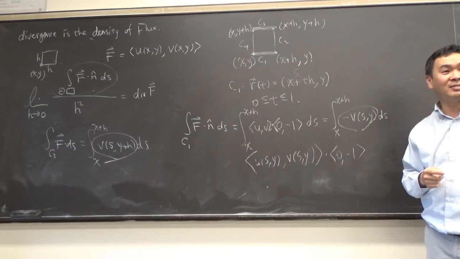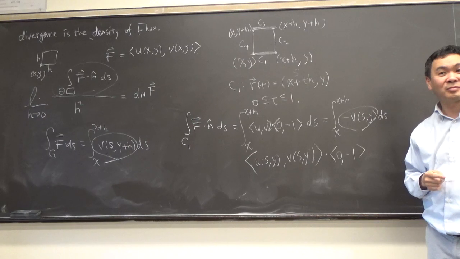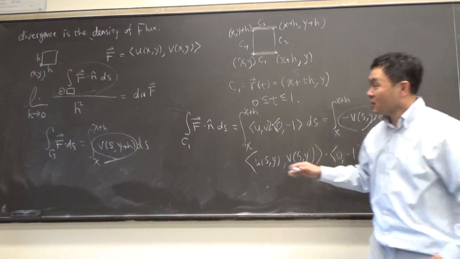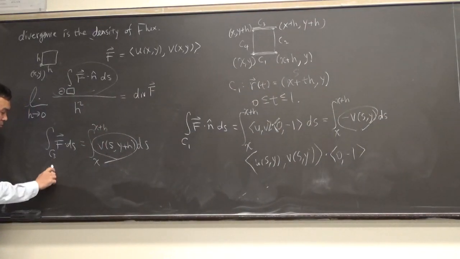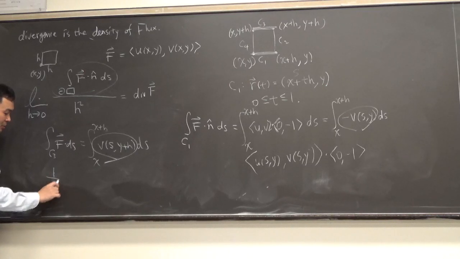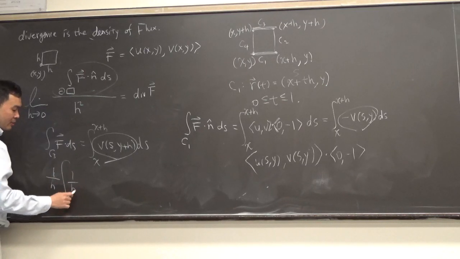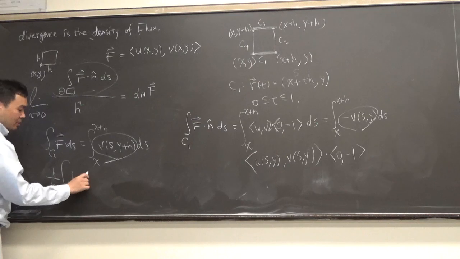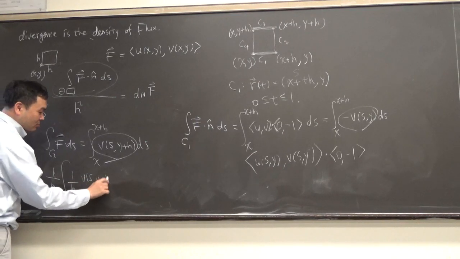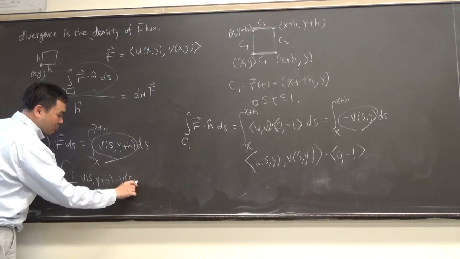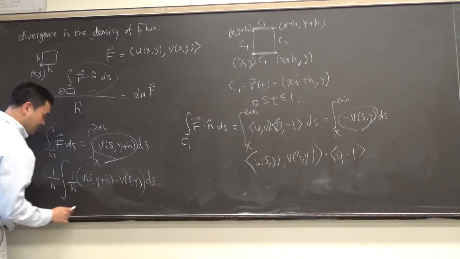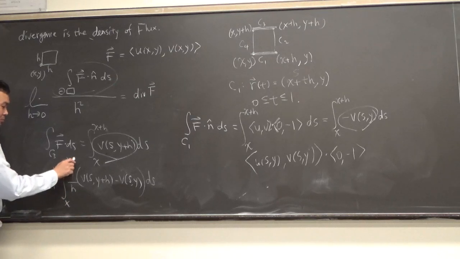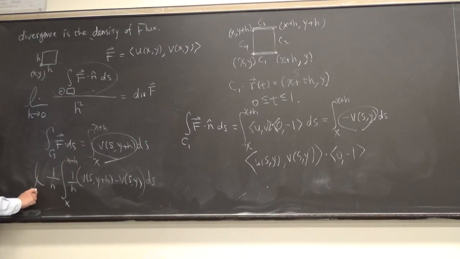So you have h squared, right? So in here you're going to get 1 over h outside, 1 over h inside, the integral of v(s, y plus h) minus v(s, y) ds from x to x plus h, and sending h to 0.